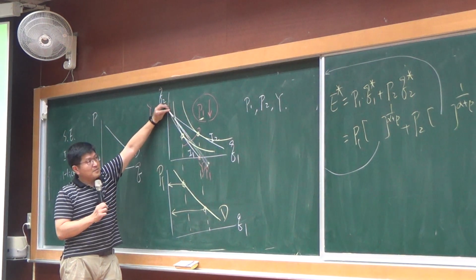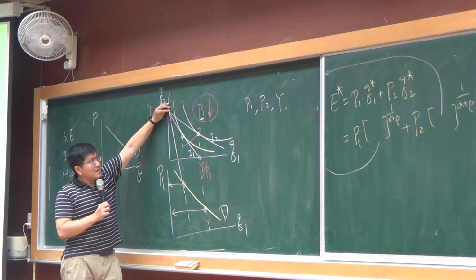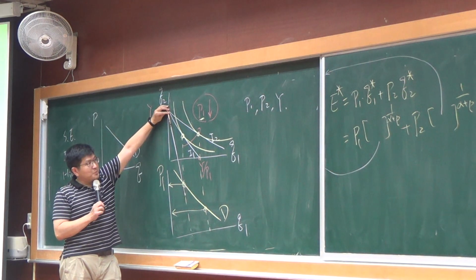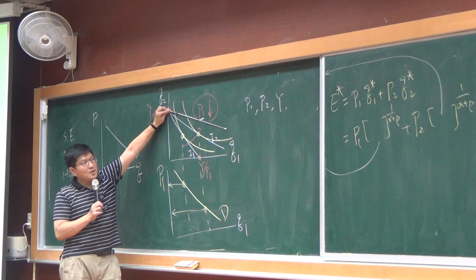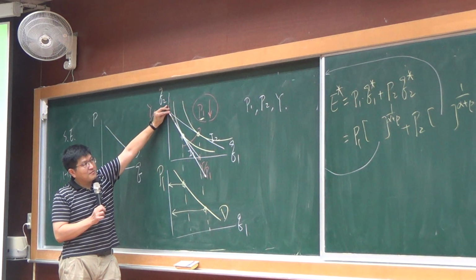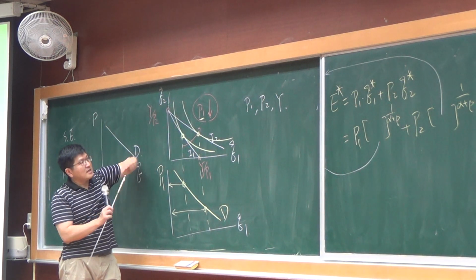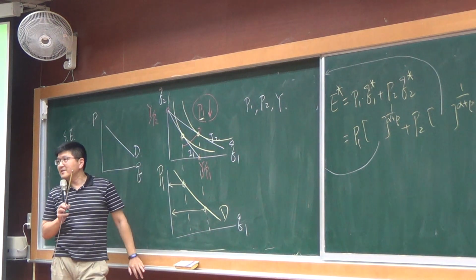All right, so this is the budget line. From a very high P1 to a very low P1, you will have various equilibrium points, right?